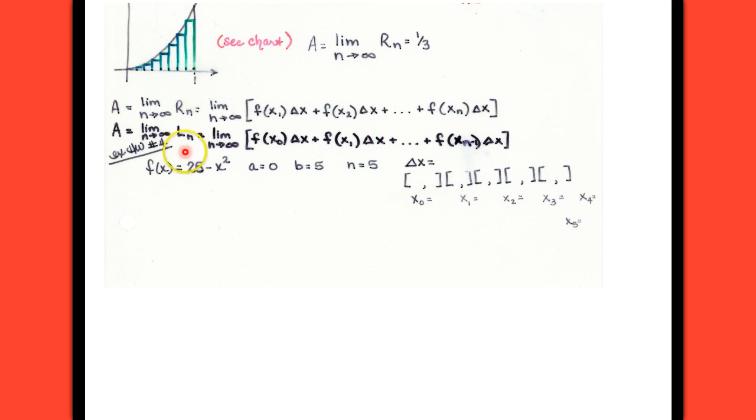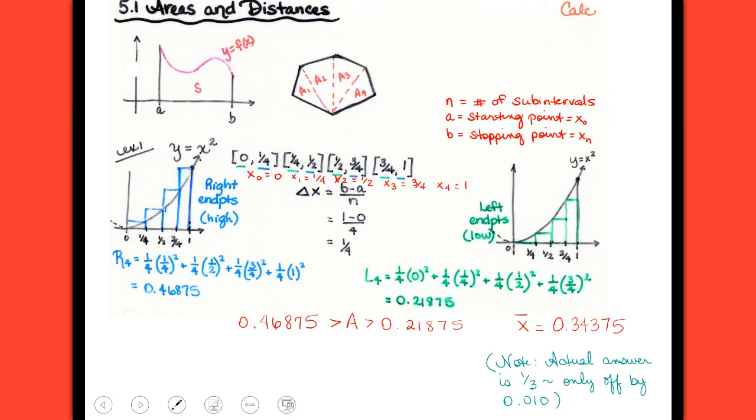Look at the left-hand formula. For the left-hand formula, it says your area would be equal to the limit as the number of subintervals approaches infinity for L sub n. So that would be the limit. Let's see how we could define L sub n by going back and looking at how we did it a second ago. When we did left-hand endpoints, we did start with 0. We used 0, 1/4, 1/2, and 3/4.